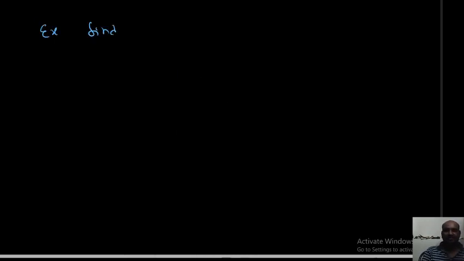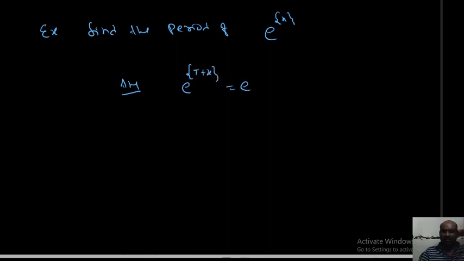Find the period of e power fractional part of x. Let me write the definition first of all: e power fractional part of (t plus x) should be equal to e power fractional part of x.